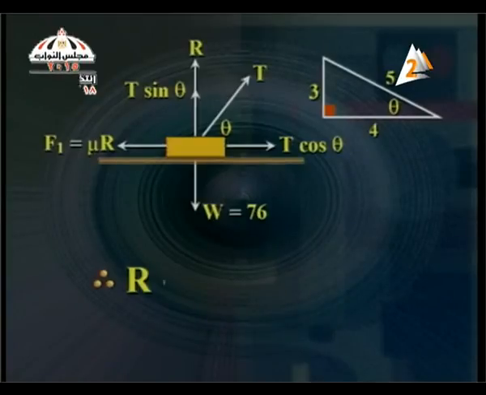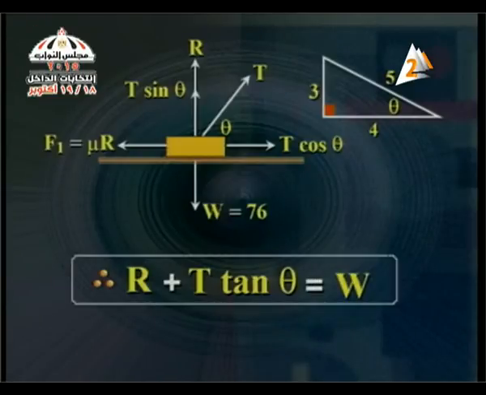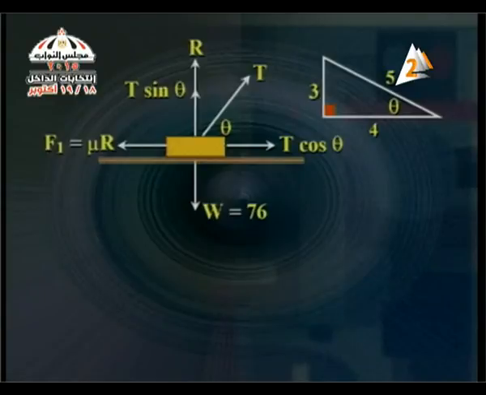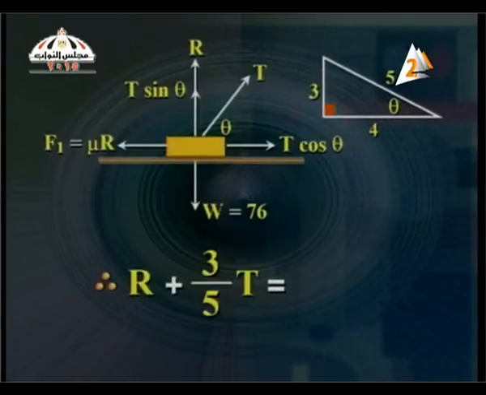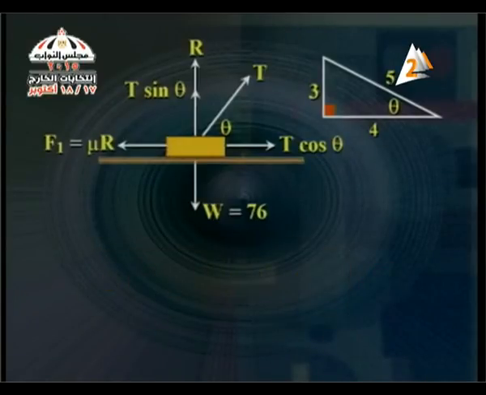Then R plus T sine theta equals W. Therefore R plus 3 over 5 T equals 76, and this is equation number 2.